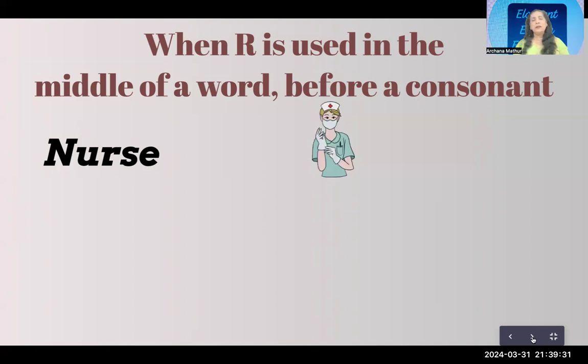When we have to pronounce the word nurse, the R is completely gone. So you have to pronounce it as nurse. R does not exist. That sound, when you are thinking, is a thinking sound. It's nurse.